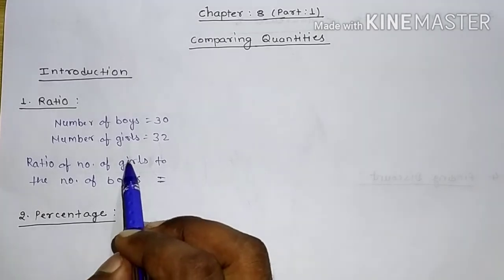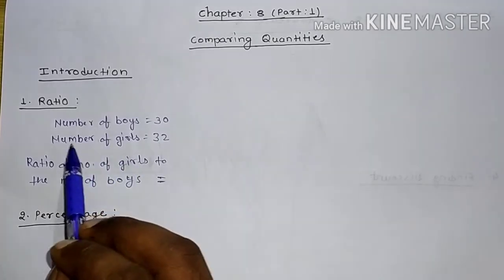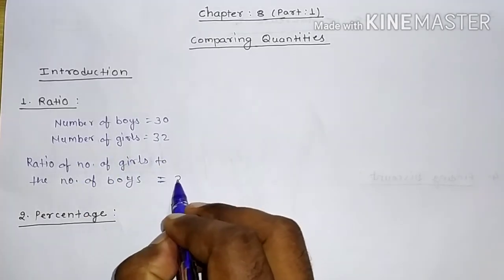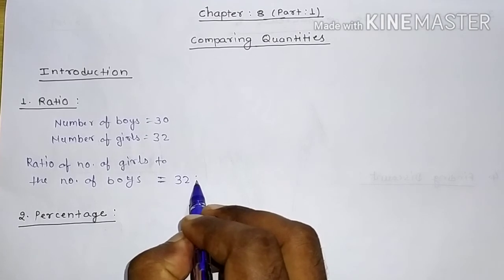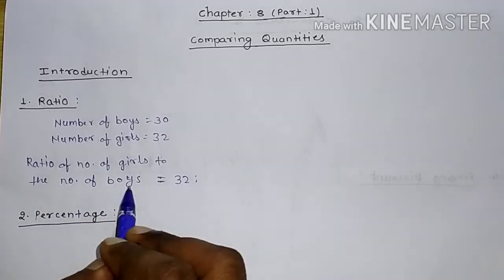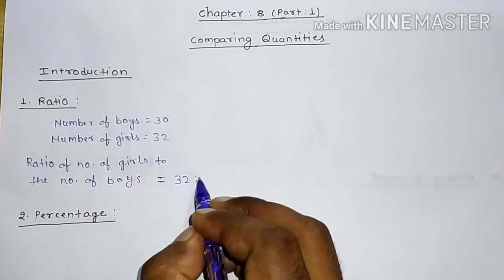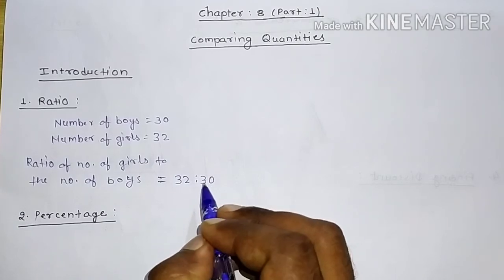So number of girls is given 32, so right here 32, ratio number of boys, which is given here 30, so this is 30.